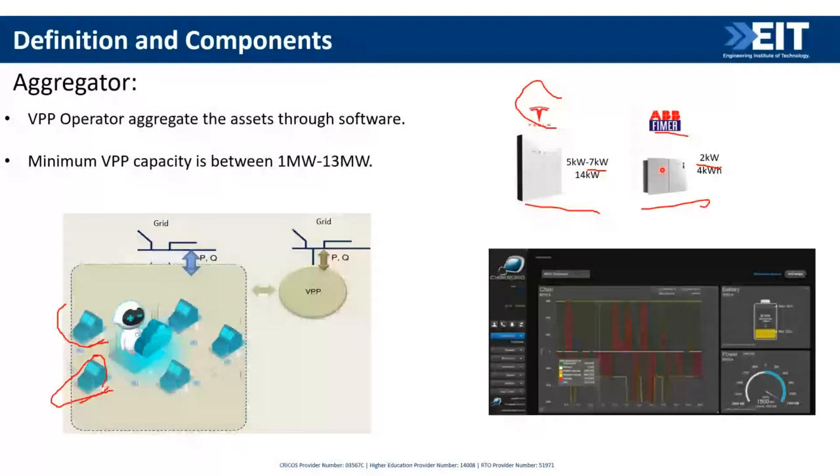But when we combine these small systems, hundreds or thousands of these batteries in the houses, then the whole capacity will be large enough, and then we can call it a power plant. So an aggregator or VPP operator is needed to combine these small systems and direct them virtually through the software.